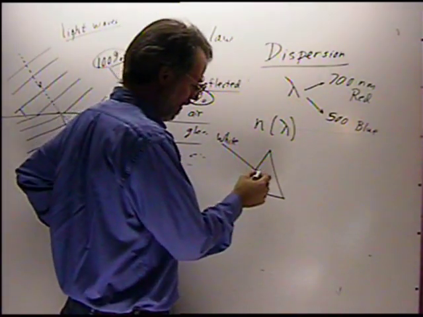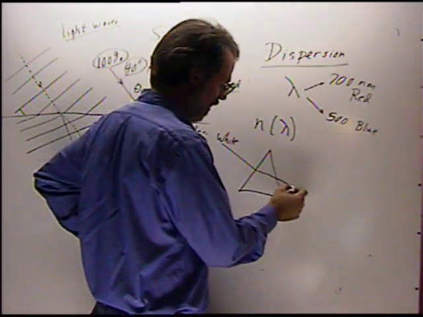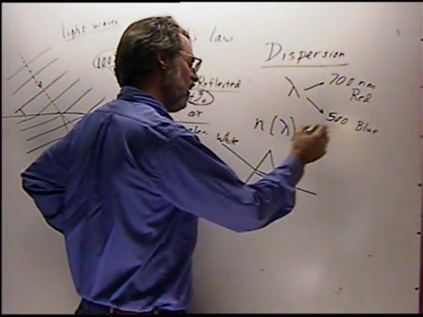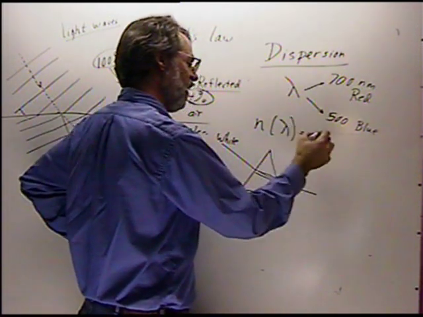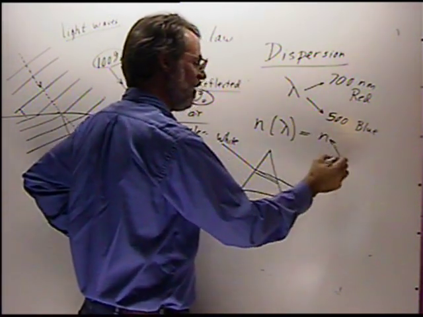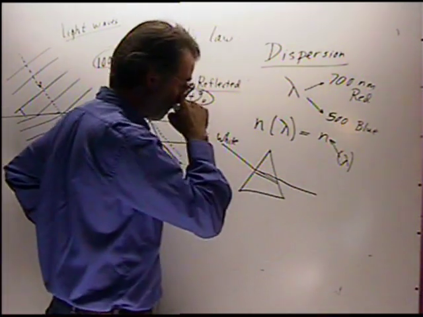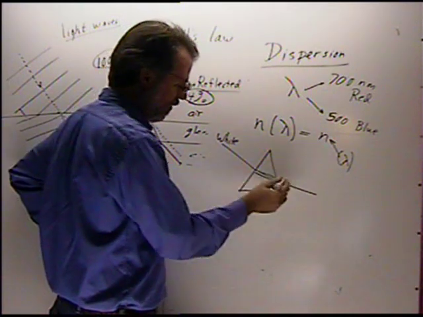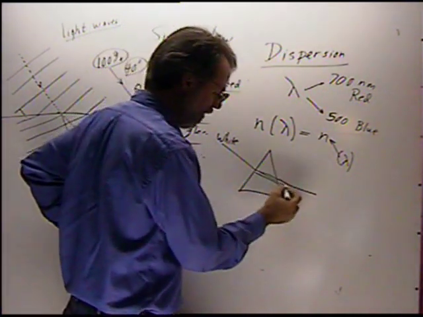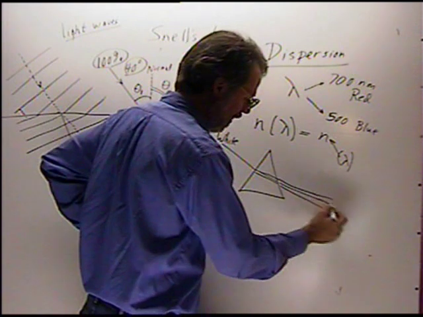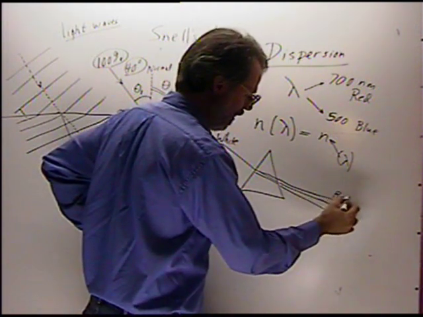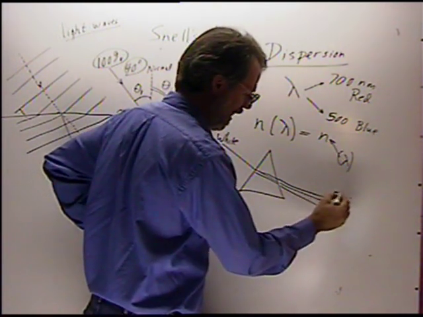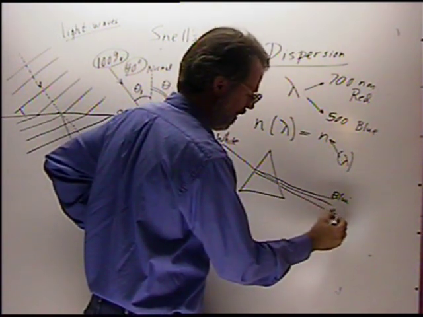The light comes in, it refracts, but the index of refraction varies with the wavelength. So the amount of bending depends on the wavelength, and what you get out is the whole rainbow. Blue is bent more, red is bent not as much.